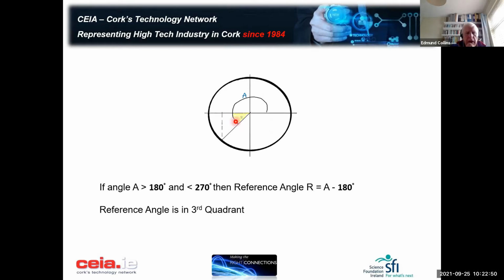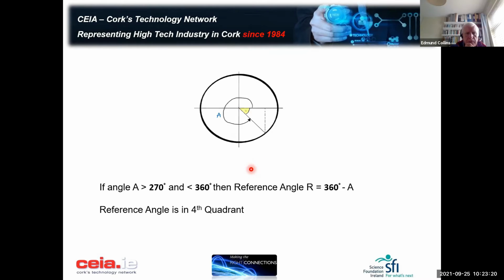Again, we could be looking at a situation where the angle is greater than 180 degrees, but less than 270 degrees. So we're in the third quadrant here. Again, we bring the line up to the x-axis, and we trap this angle between the x-axis and the radius. In this case, the reference angle is A minus 180 degrees in the third quadrant.